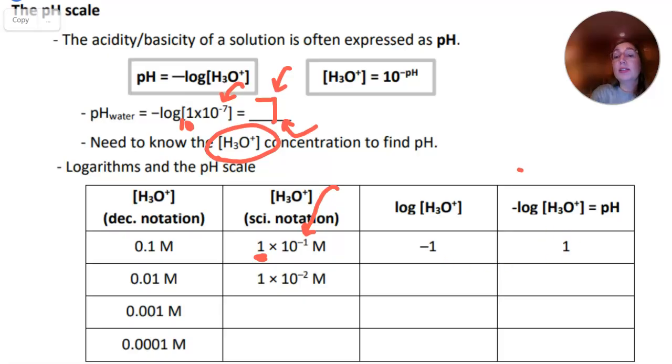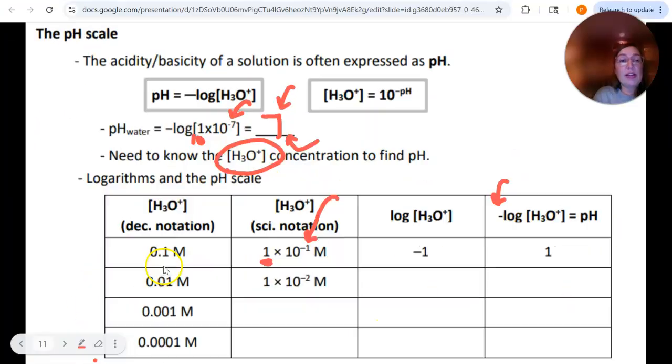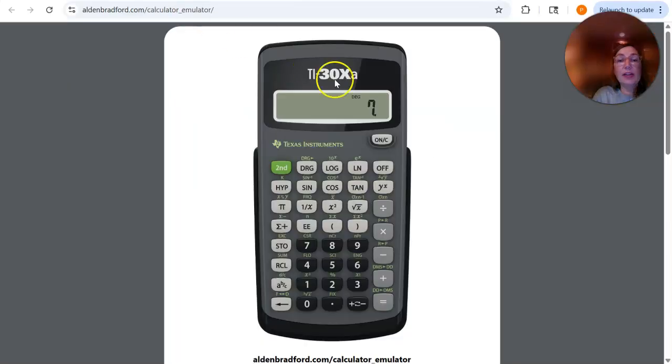And when we switch the sign and make it a negative log, we get a 1. So we could try it together. For an H3O plus of 0.1, that's the same as 1 times 10 to the minus 1. And so we could just go ahead and try that in our calculator.